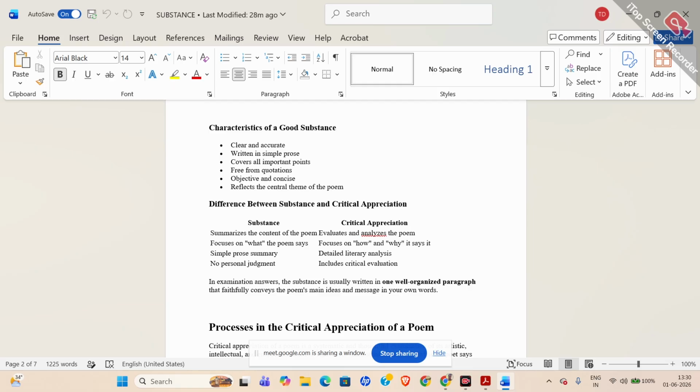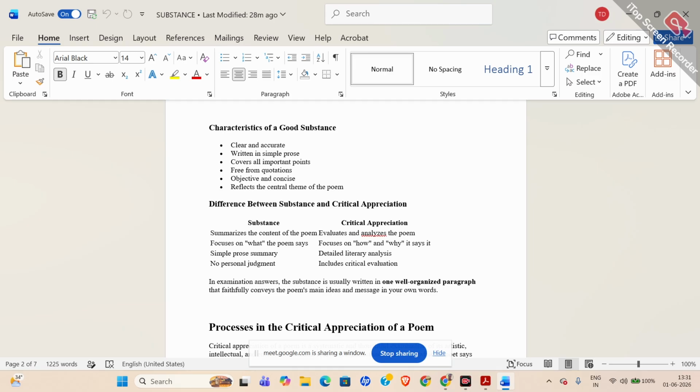So it has to be objective. You cannot show any bias. You cannot show your own appreciation in the substance. যে কবি ভীষণ ভালো লিখেছেন, খুব সুন্দর ডেসক্রিপশন দিয়েছেন, is wonderfully describes. No, you can do that in your critical note, but not here. And you have to maintain the size.